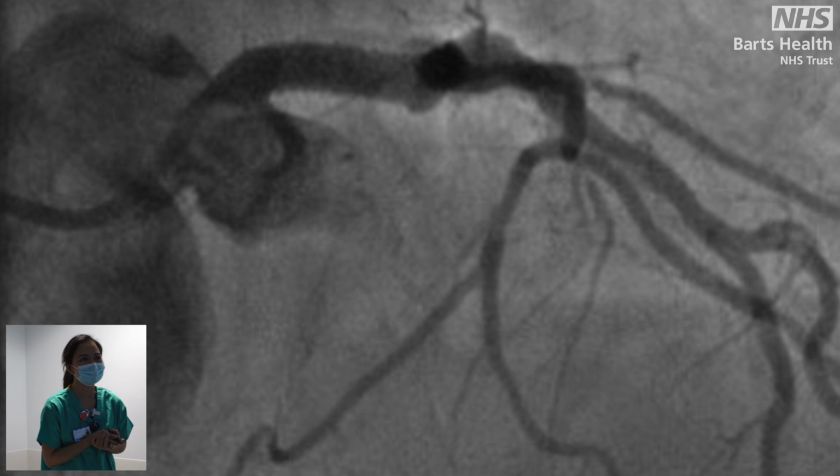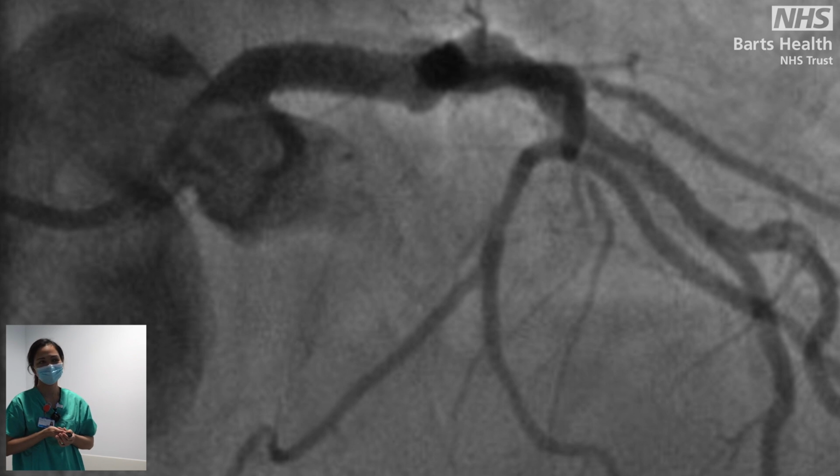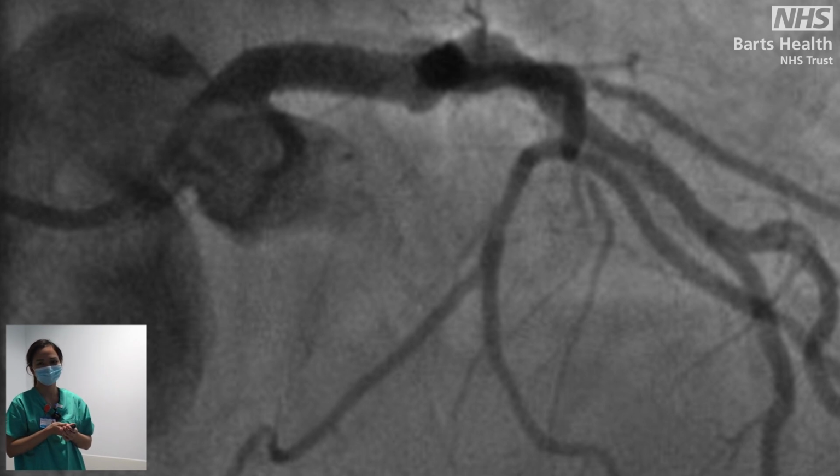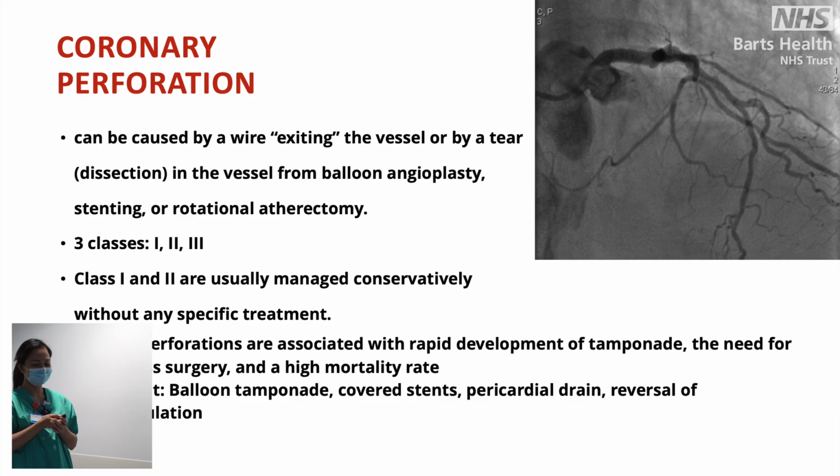Next, oh sorry, can't see it. Anyone can decipher what this is? What complication? Can you see a complication there? Yes, this is not something you want to see first thing in the morning. It's coronary perforation. It can be caused by a wire exiting the vessel or by a tear in the vessel from balloon angioplasty, stenting, or rotational atherectomy.